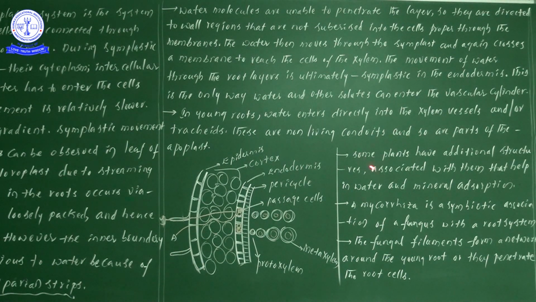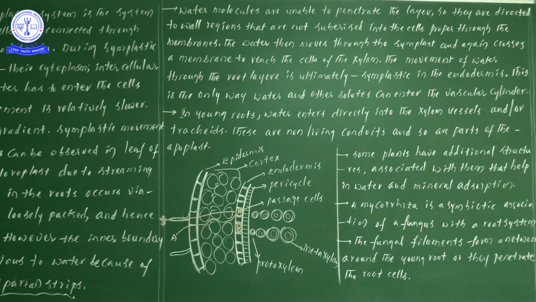Later, some plants have additional structures. In some other plants there are additional structures associated with them that help in water and minerals absorption. In some other kinds of plants, no additional structures are present. Where additional structures are present, this kind of information will be there.